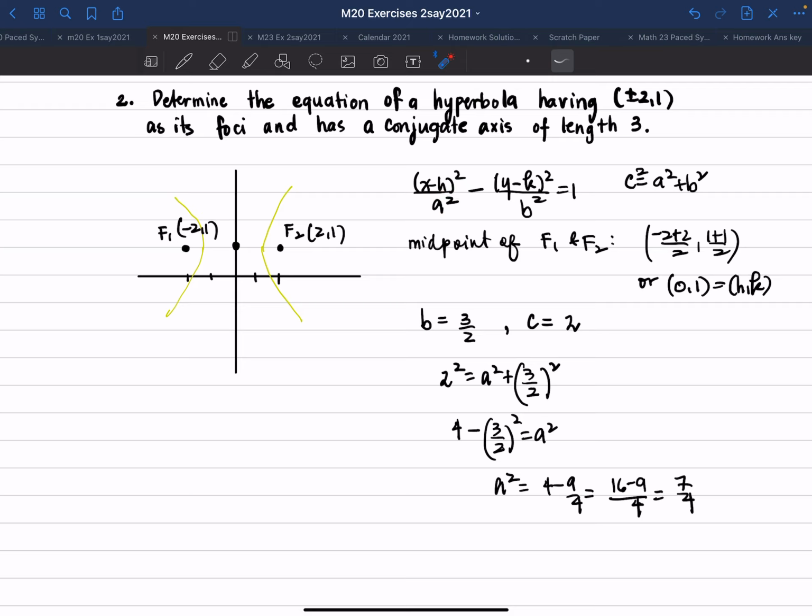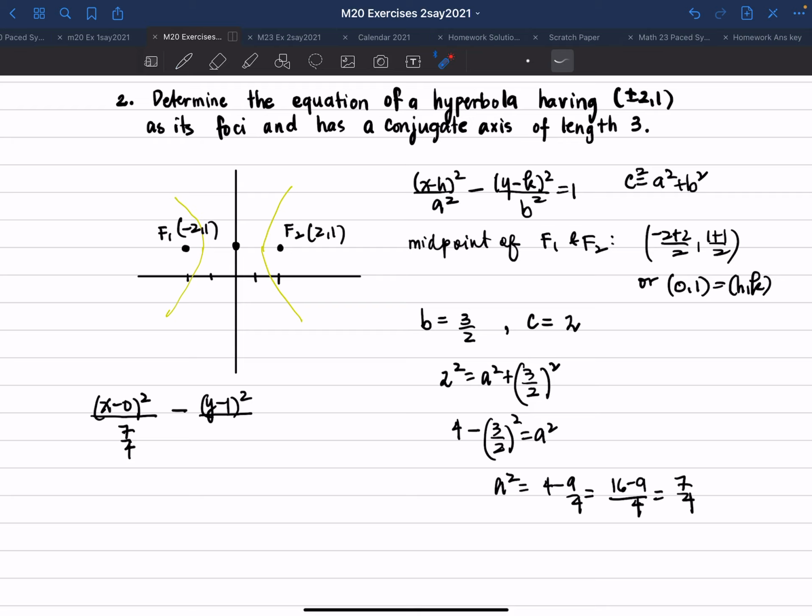Okay, so ano ito? What is x minus h square? So x minus 0 square divided by a square is 7 fourths minus y minus 1 square because k is 1 divided by b square.